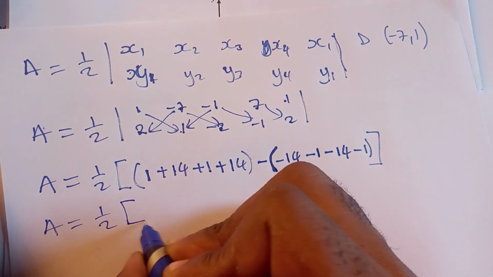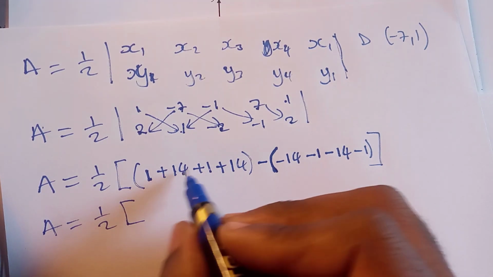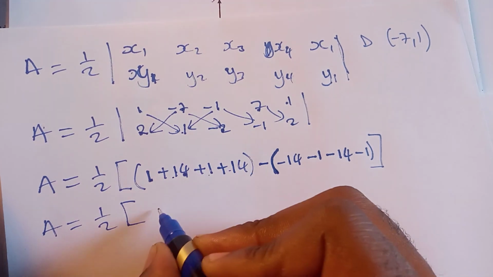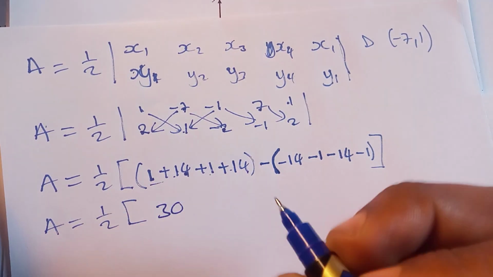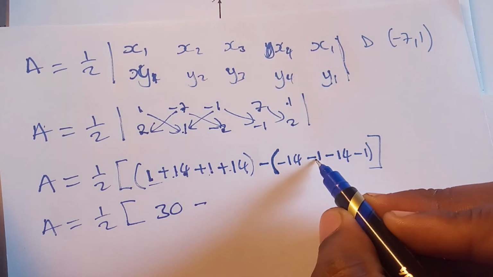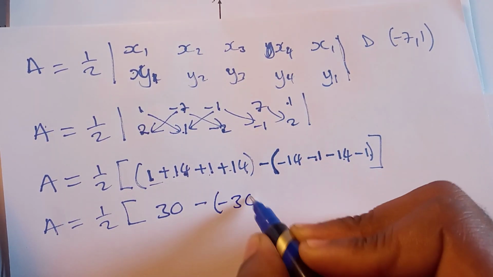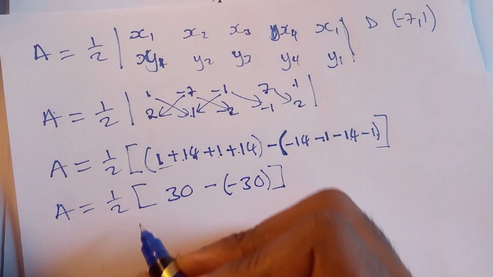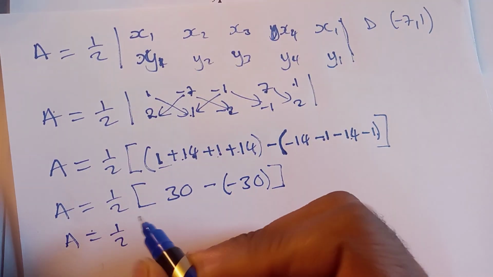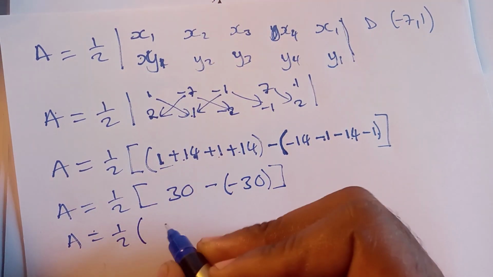So 1 plus 14, this is 15. 1 plus 14 is 15. 15 plus 15, this will be 30. And as you can see, it's the same case here. This is -15, this is -15. Together we have -30. If your area is negative, it means you are getting your coordinates in a clockwise manner.